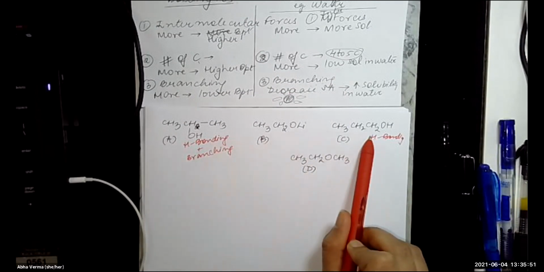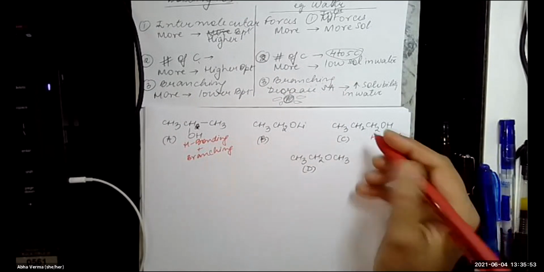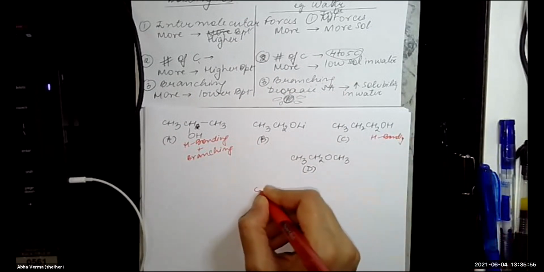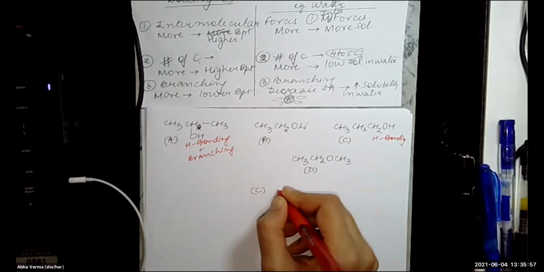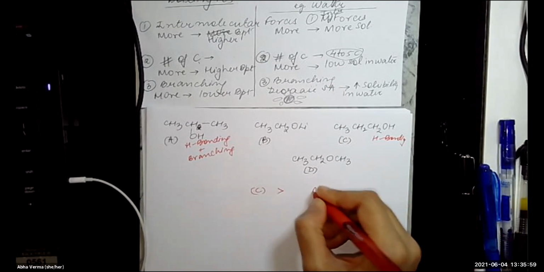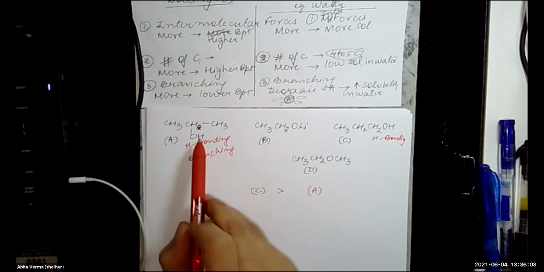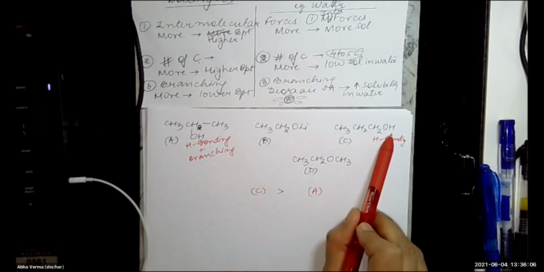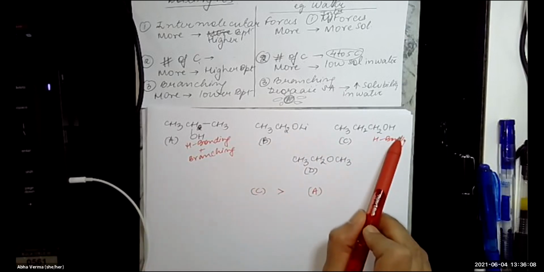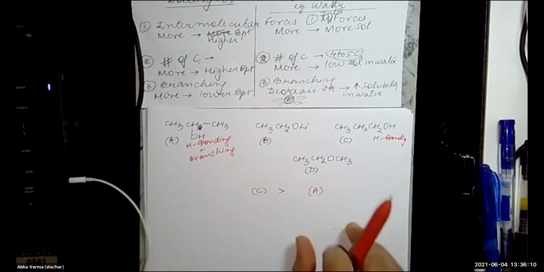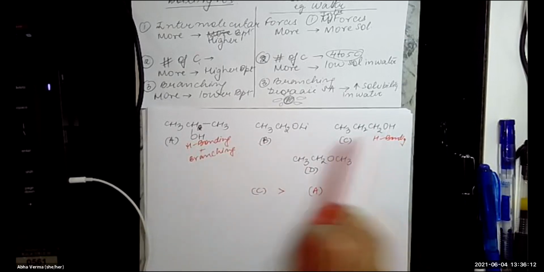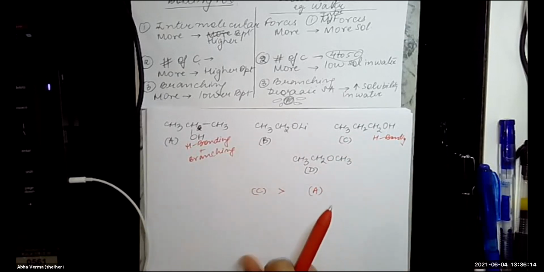Any questions? So there is C more than A. There might be other compounds in between, but let's just look at this for now. You have to compare similar molecules first. So go with the same polarity first. OH, OH. We are done with it.